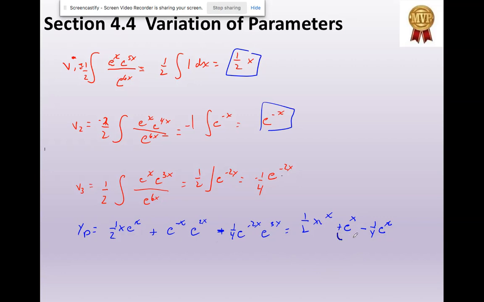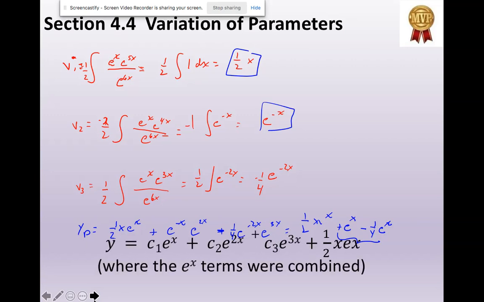These are both e to the x's. And remember, when I combine everything with my complementary, right, I already had an e to the x. So I don't need to write those down, right? Because that's just a constant times e to the x, and that's already taken care of there. I have C2 e to the 2x, C3 e to the 3x.